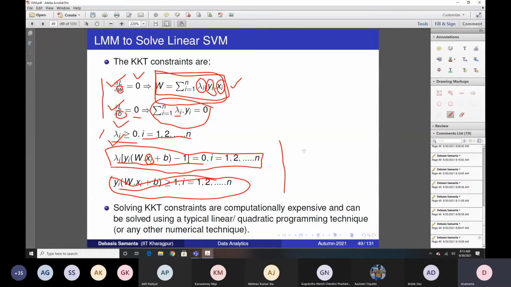So there are three possibilities. If you try with many training data sets, you will see that a maximum of 5 to 10% are support vectors. That means 5 to 10% of the 500 lambda values will be non-zero, that is, greater than 0, and all others have lambda equal to 0.